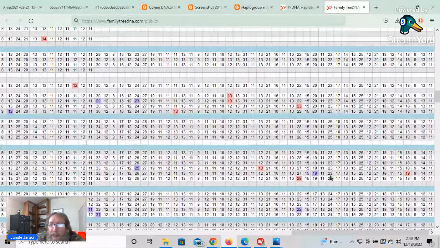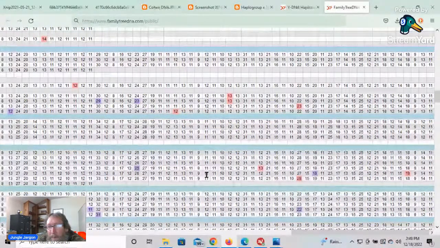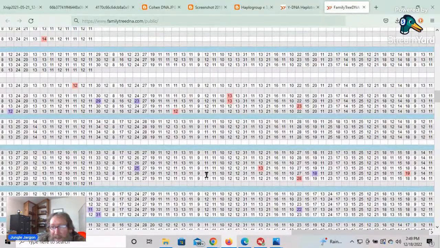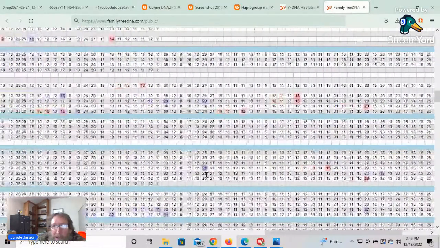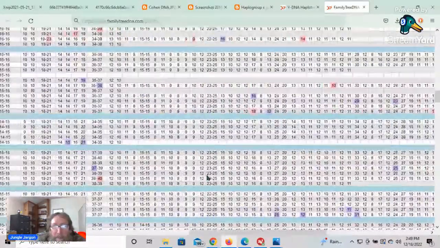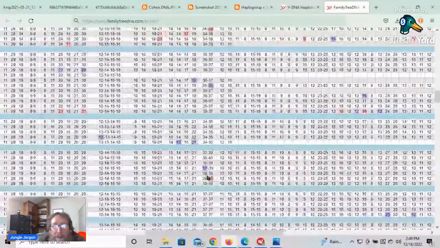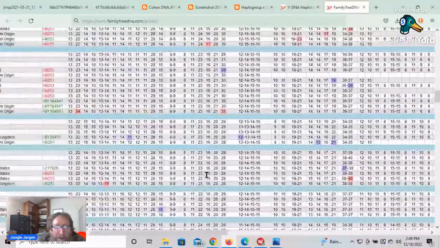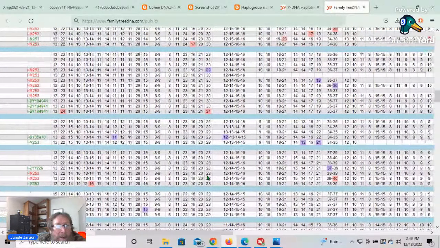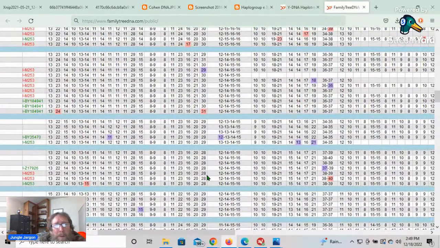So you can see the similarity in the Y chromosome. In other words, these people that have a common ancestor going back 300 years are sharing the exact same single tandem repeats as everybody else in their group. So I just wanted to explain that a little bit.